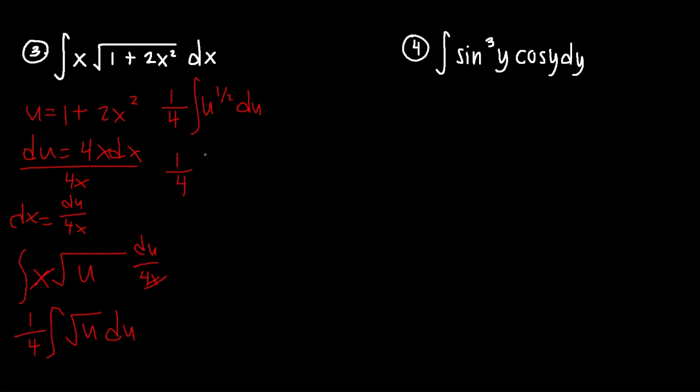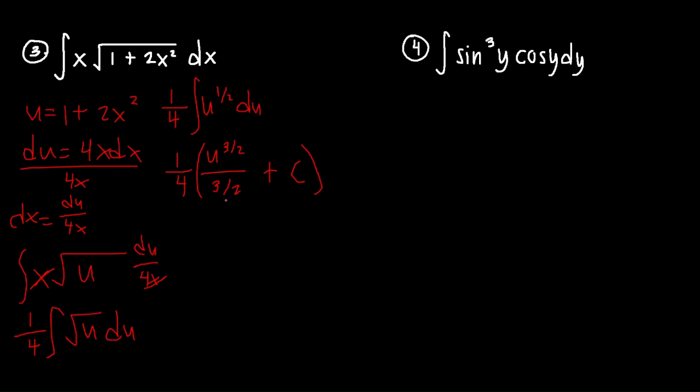So u to the 1/2 plus 1 is 3/2. u^(3/2) over 3/2 plus c. And then you can combine the denominators there.